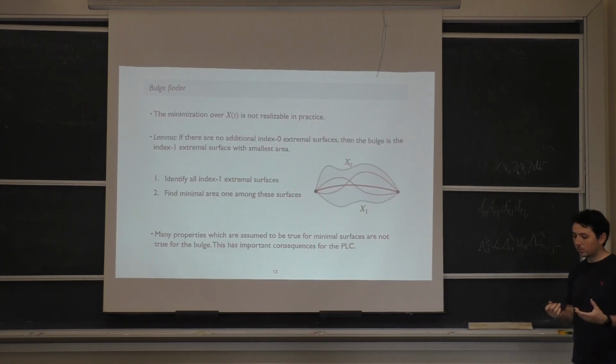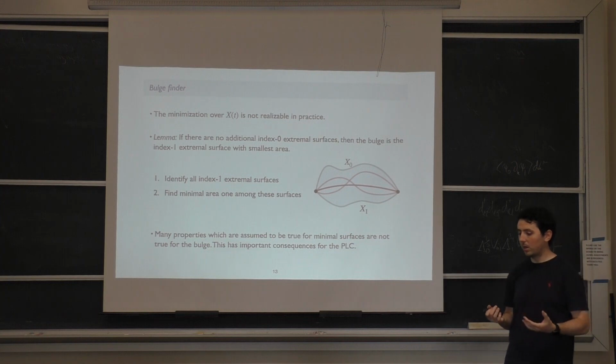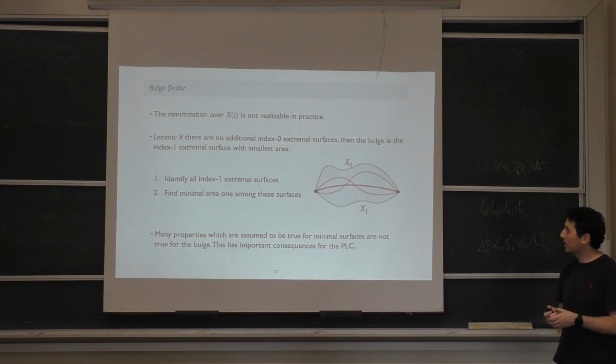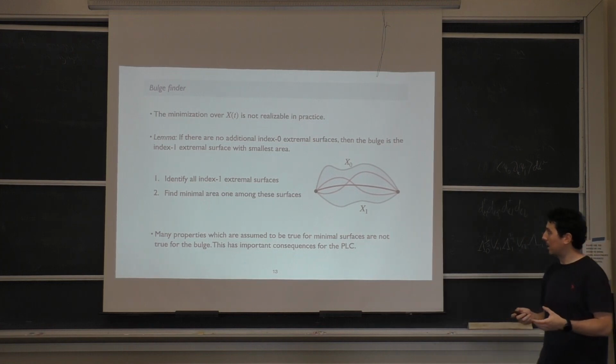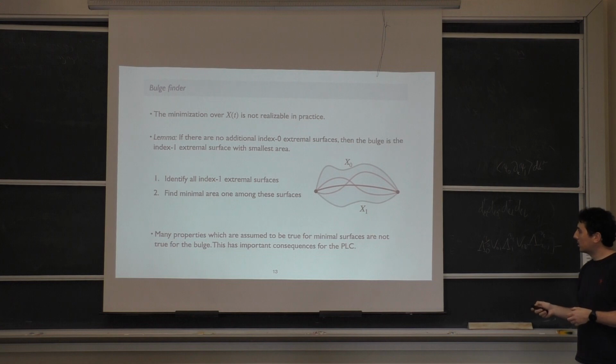Okay, so obviously trying to minimize over foliations is pretty complicated. So what we did in our paper was to prove the following lemma. Let's consider the same situation where we have two index zero surfaces delimiting some region here.